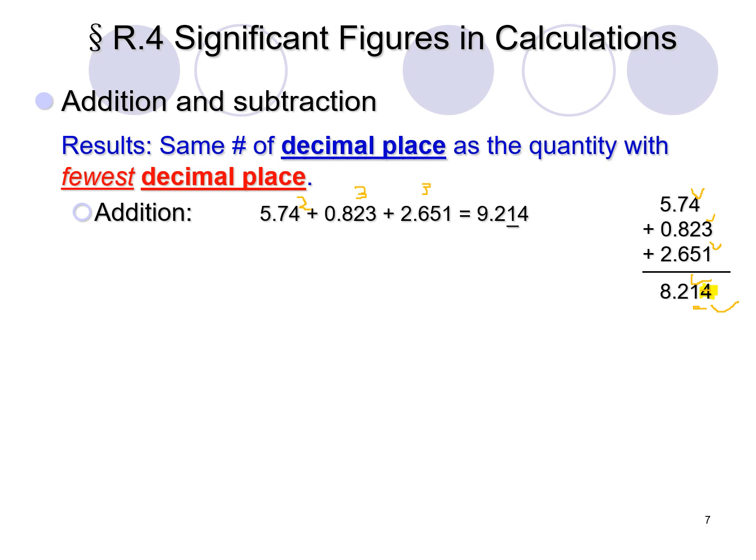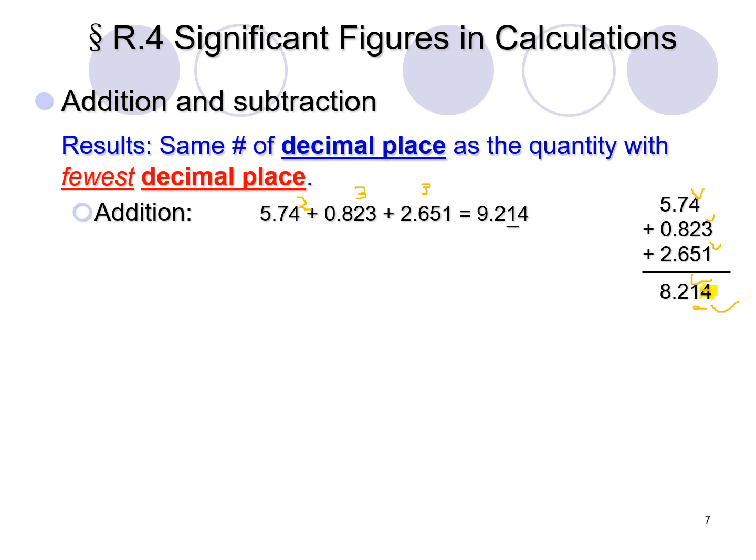Remember, we only pick 1. So that is the reason why we look for the fewest decimal places in our addition. The digit we should have stopped at is the digit of 1 in our addition.